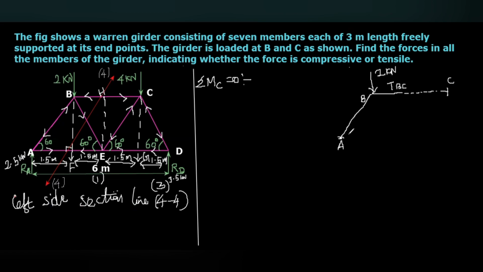Here, AB is a whole member. From the point A, the force in the member TAE is acting. And then from point B, that unknown force TBE is also acting. This TBC is acting towards the left side, as we calculated here. So this TBE will meet at the point E.